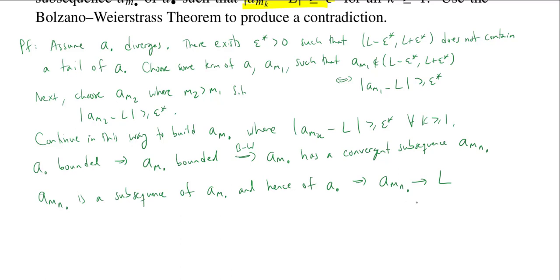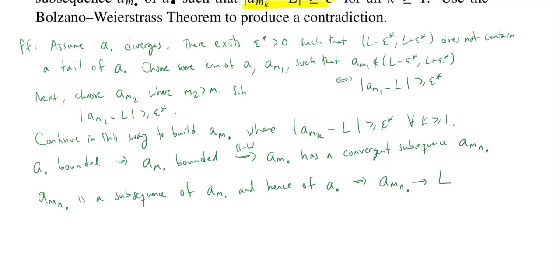If A_MN dot converges to L, then that means that every L coin contains a tail. But look at the terms of A_MN dot. They all come from this A_M dot, and A_M dot has the property that if you look at the distance between any term in it and L, it's at least epsilon star.